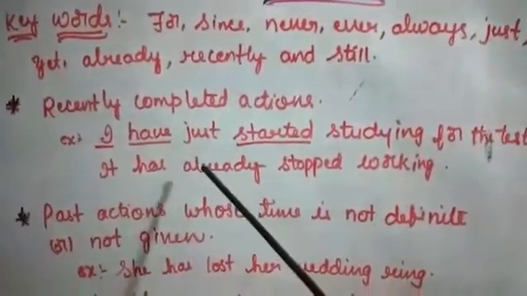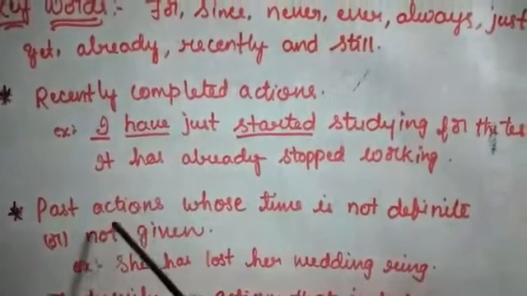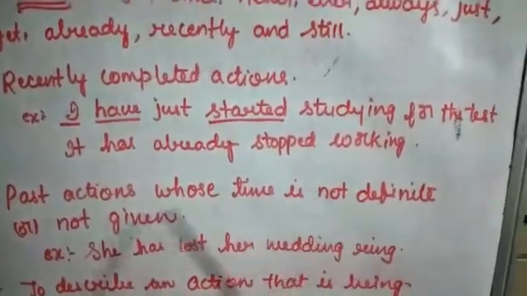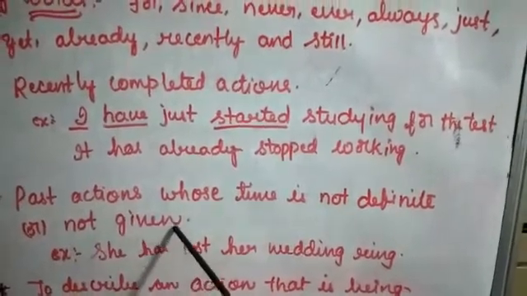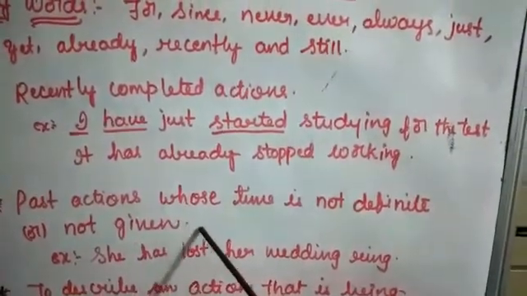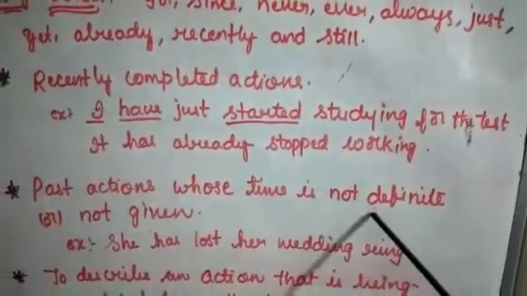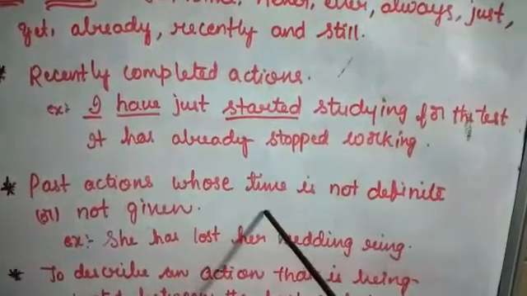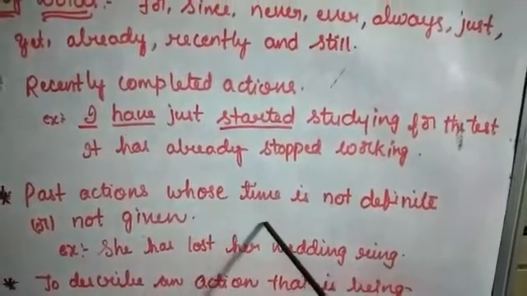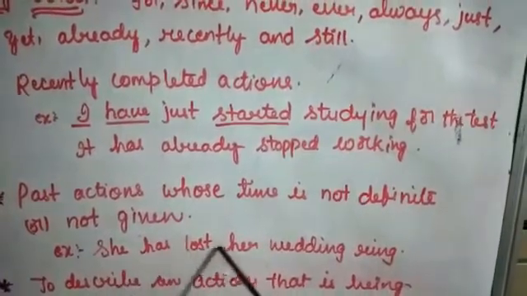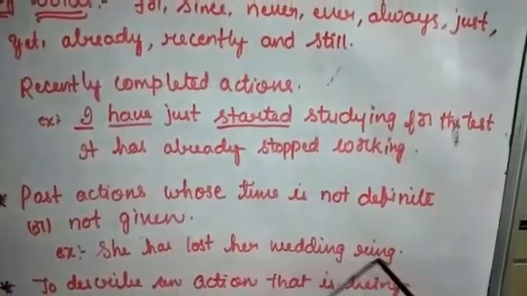Another usage for present perfect tense is past actions whose time is not definite or not given. Sometimes the past time will not be given or is not definite. Those past actions also we have to say in present perfect tense. For example, she has lost her wedding ring. When?